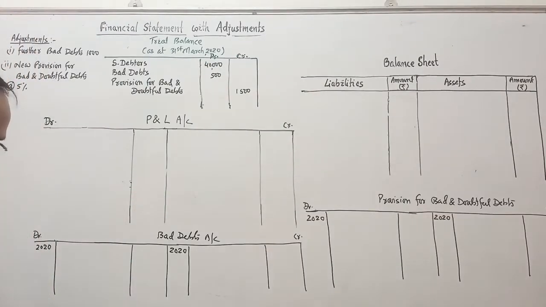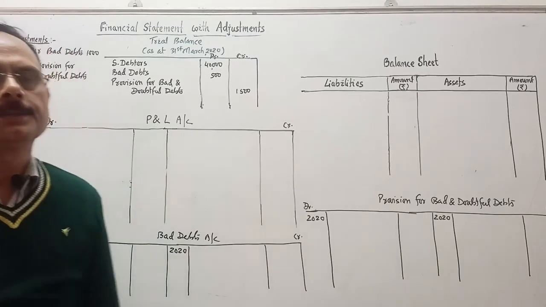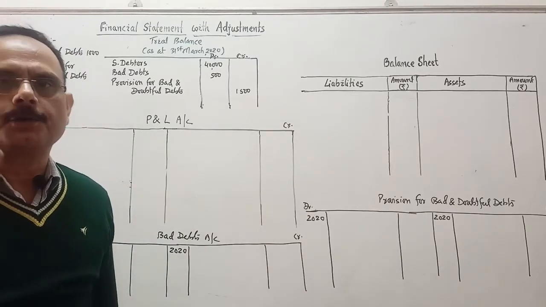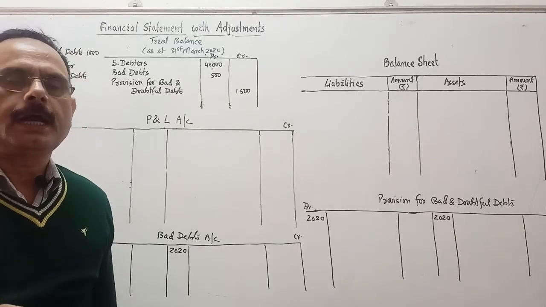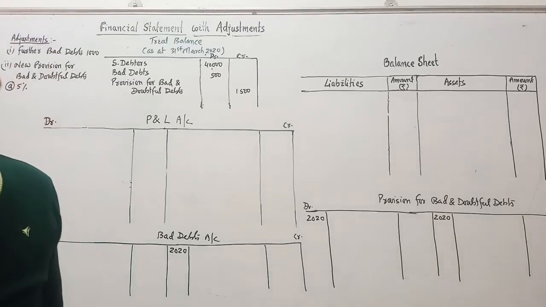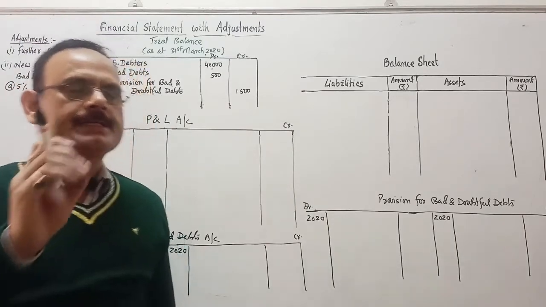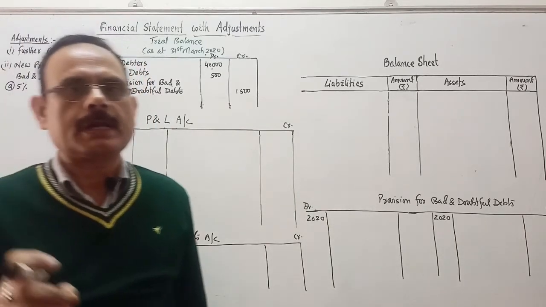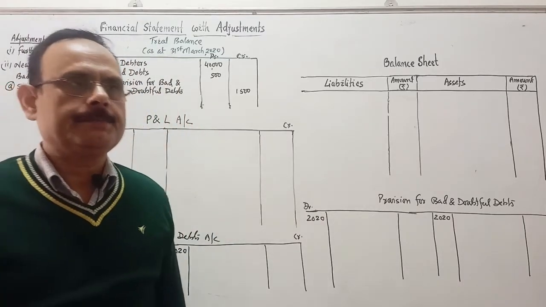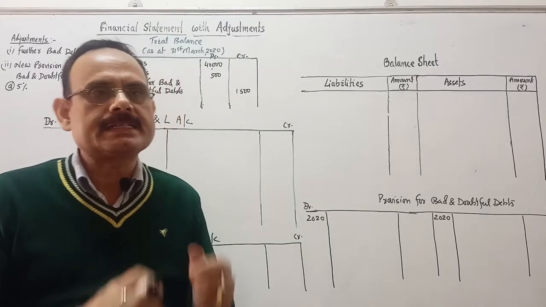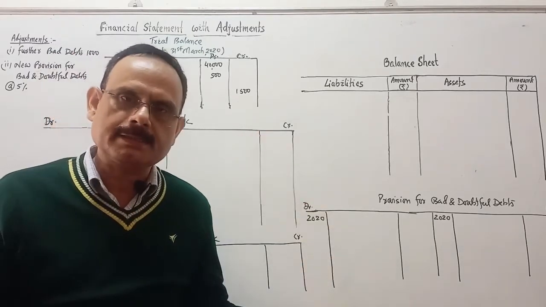Okay. Now coming to the next adjustment related to provision for bad and doubtful debts and further bad debts. The next adjustment is for additional bad debts, which is also known as further bad debts, if the information about the additional bad debts is given outside the trial balance.